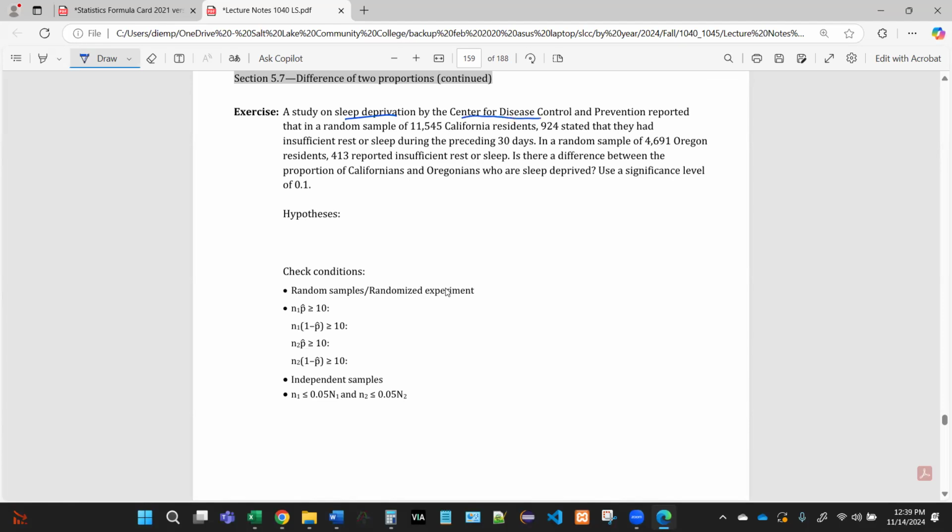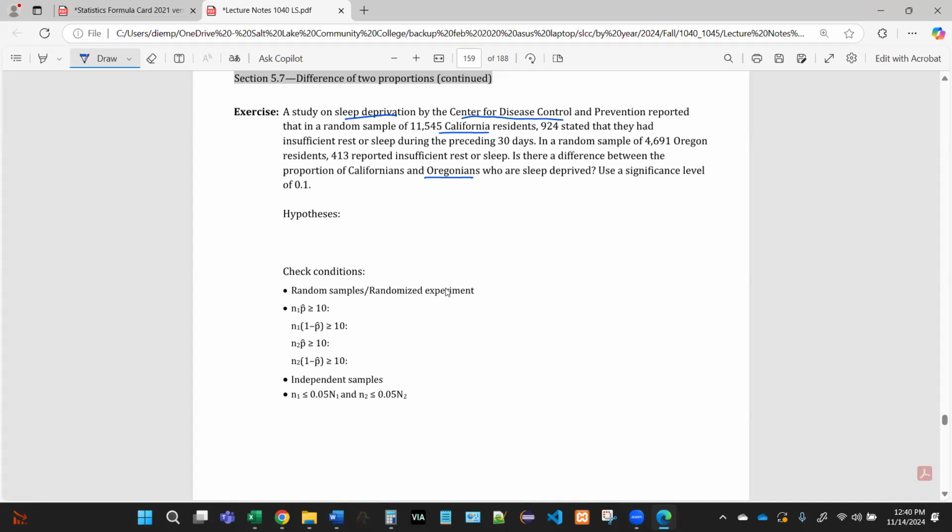This was done by the CDC, and they were looking at two different populations, Californians and Oregonians, folks from California and people from Oregon. They were looking at the rate of sleep deprivation between these two states. They want to know, is there a difference between the proportion of people in California who are sleep deprived and the proportion of people in Oregon who are sleep deprived?